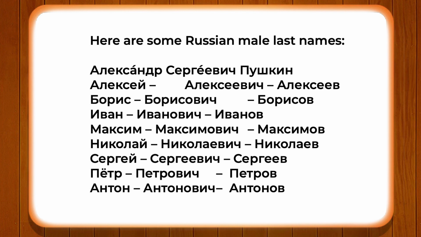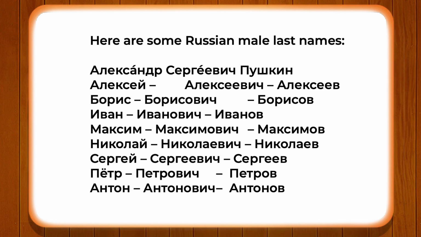Anton, Antonovich, Antonov. Now we can have different combinations in a male name. The person can be addressed by his full name, all the three names put together: Boris Maximovich Antonov, or Anton Petrovich Sergeyev, or Nikolai Maximovich Pushkin, or Alexander Ivanovich Nikolaev.